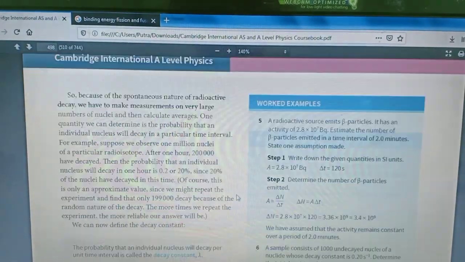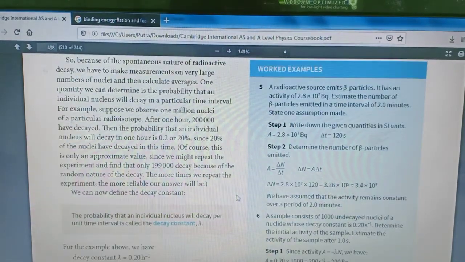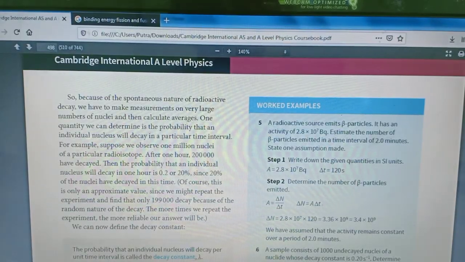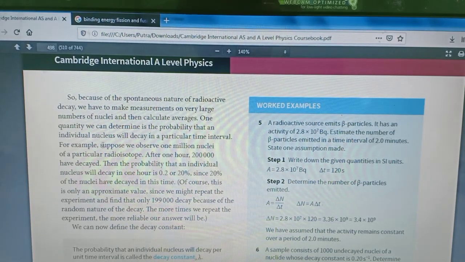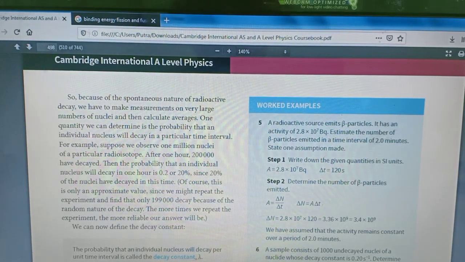So this one, for example, suppose we observe 1 million nuclei of a particular radioisotope. 1 million nuclei, it's less than 1 mole. After 1 hour, 200,000 of these nuclei have decayed.